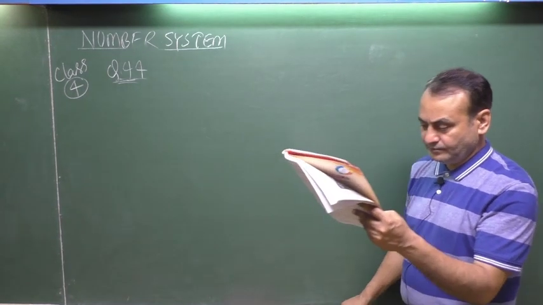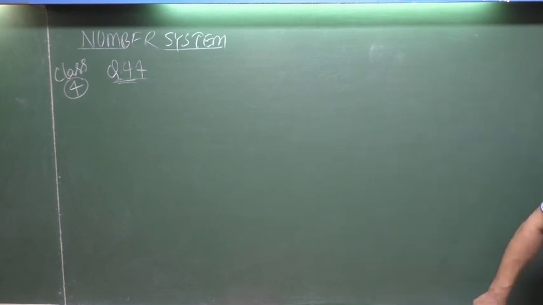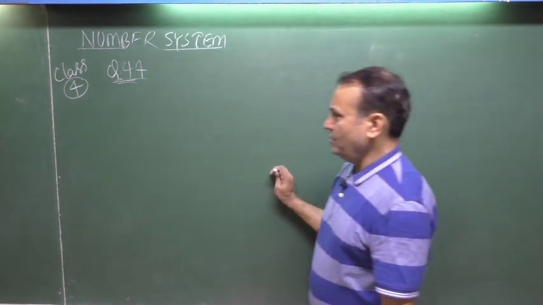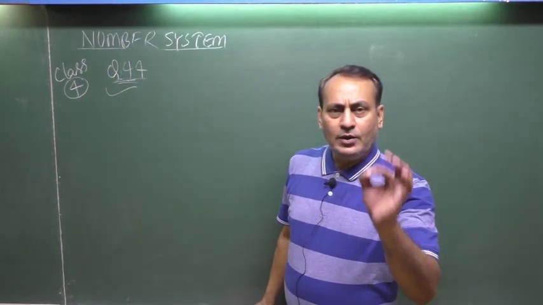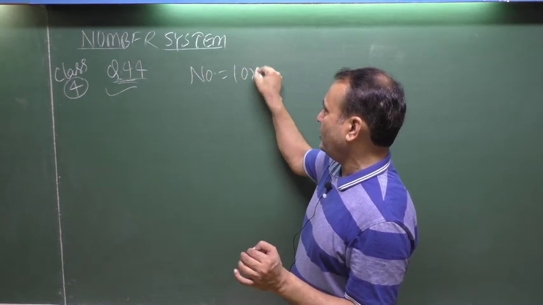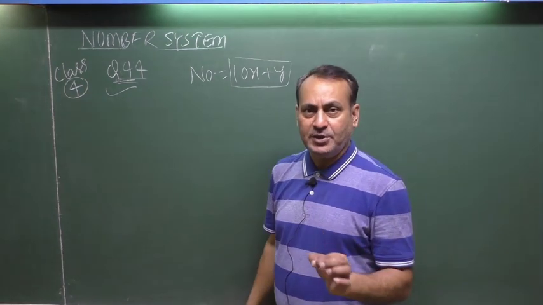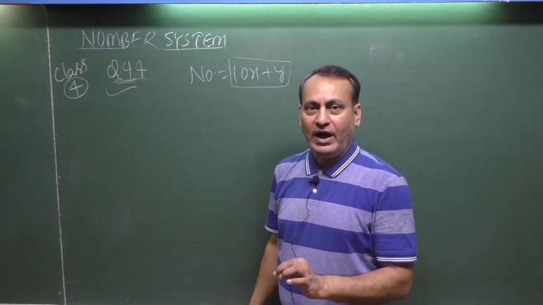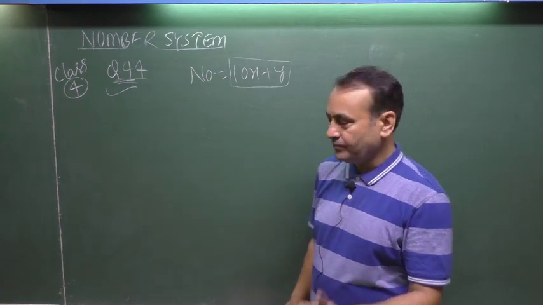See here. This is a very important question now. The question says, there is a 2-digit number. 2-digit numbers are represented by 10x plus y, where y is the unit digit and x is the tens digit.